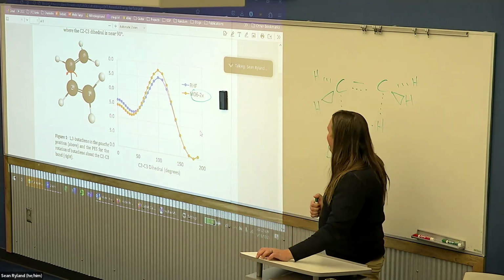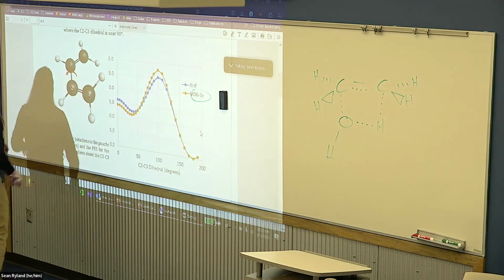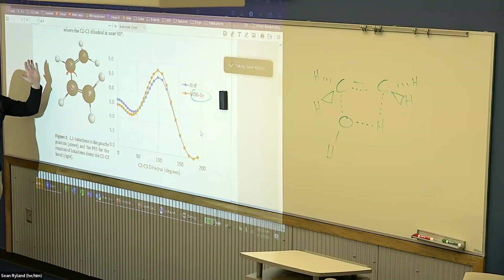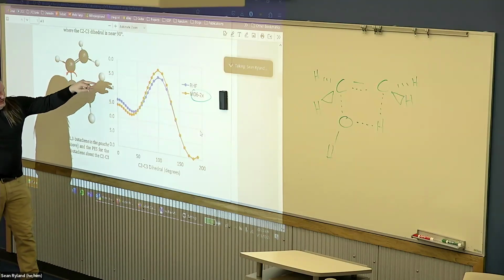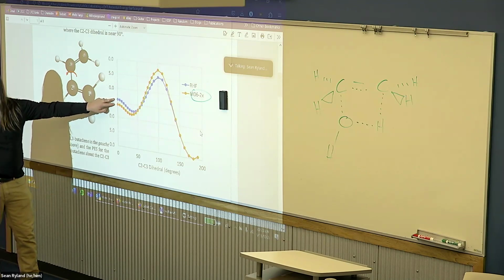If you actually look at taking 1,3-butadiene and rotating it from the s-cis to the s-trans, the s-cis that's perfectly planar, one thing that's kind of interesting is that when it's perfectly planar, it actually is not a potential energy minimum, it's a potential energy maximum.